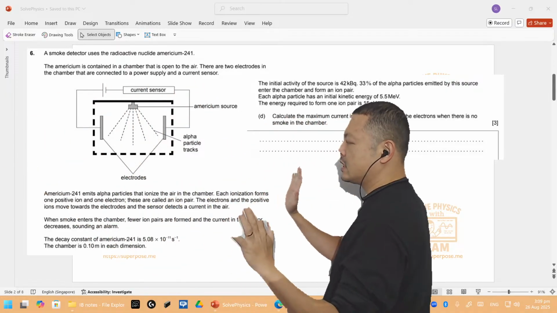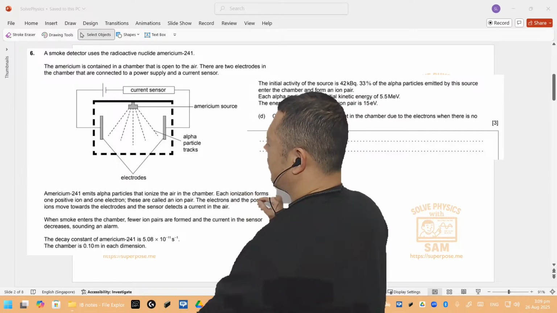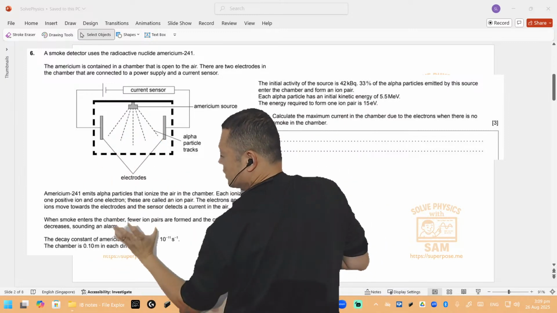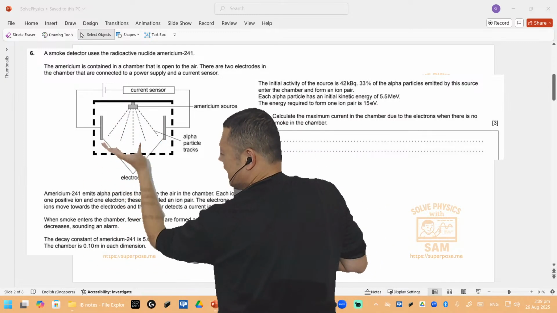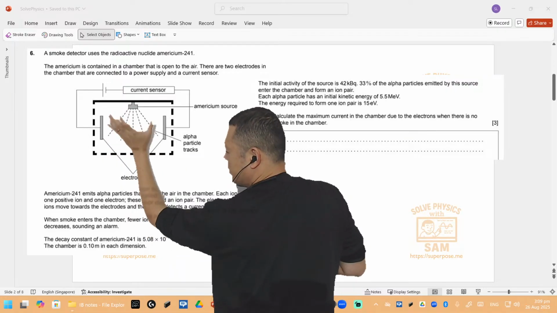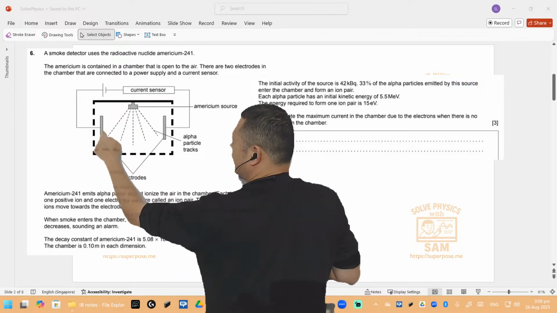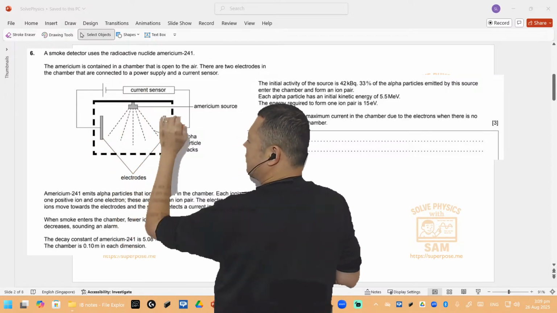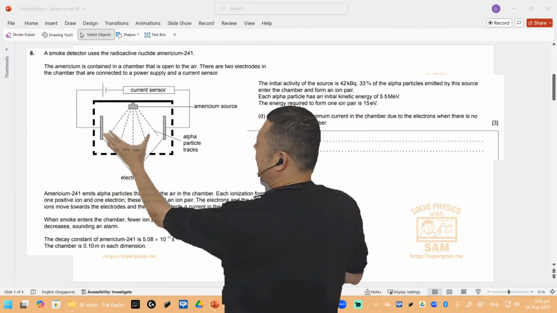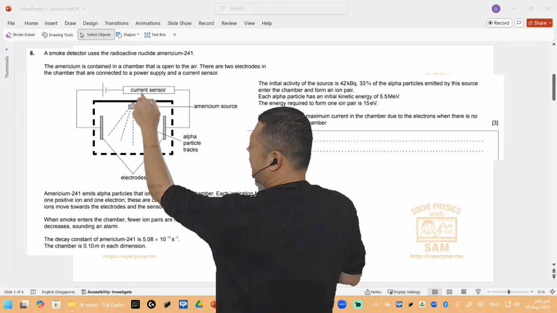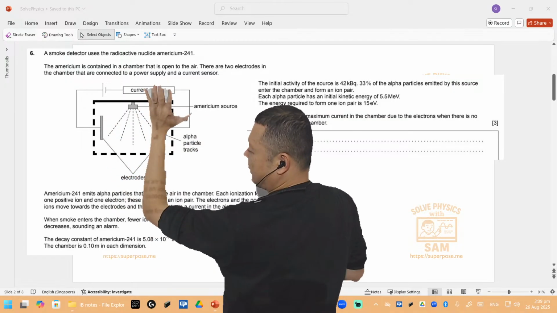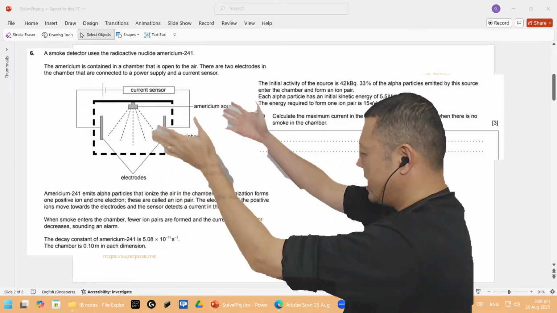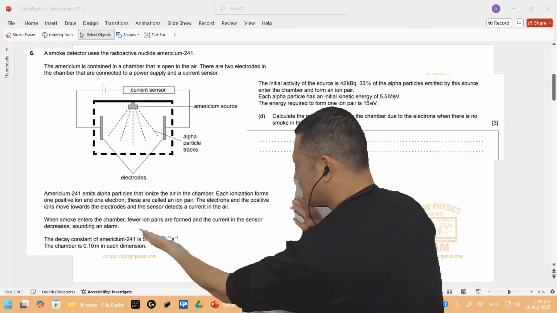The whole idea is that when smoke rises and blocks the alpha particles, the electrodes no longer detect them. The current sensor detects no current anymore and sounds the alarm. That's how the fire alarm works.